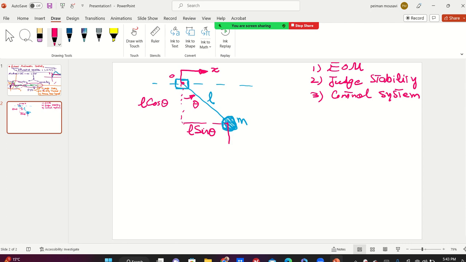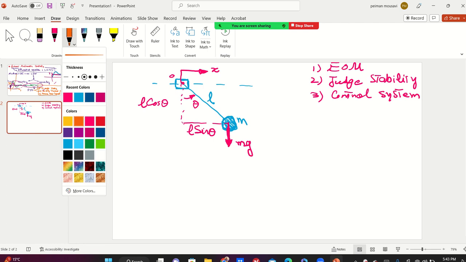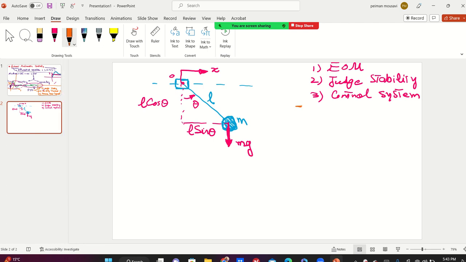So I have to plot the forces acting on the system. This is the weight, mg. Based on what I taught in vibration or dynamics, I can write the moment equation: the sum of the moments around point O is I-O theta double dot.